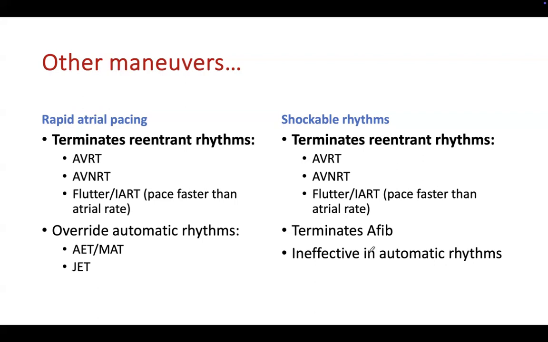Understood, guys? This is why with post-operative patients, I never say just shock the patient. I never say give adenosine, because JET doesn't respond to shocking or adenosine, but it responds to atrial pacing. You can pace faster to override the rhythm to get synchrony.